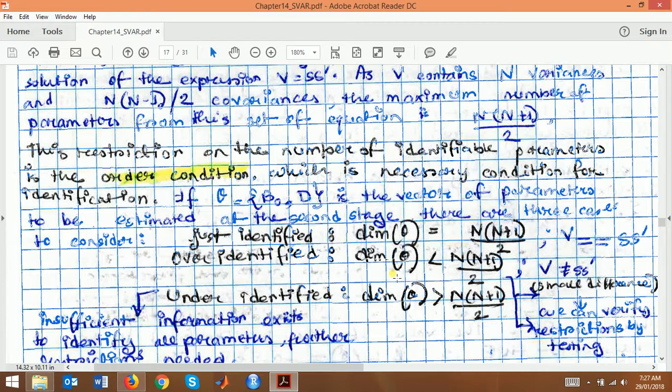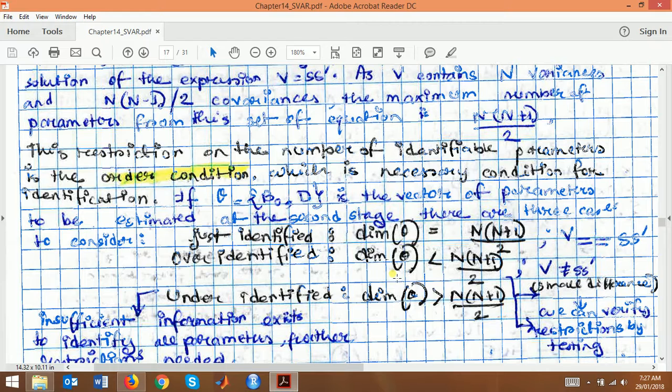If the dimension of parameters is less than n into n plus 1 by 2, our omega will not be equal to SS transpose. There will be some small difference. We can verify this restriction by testing, but that's an over-identified case.